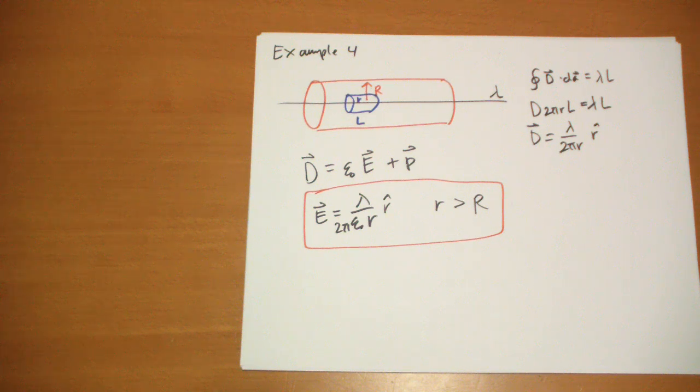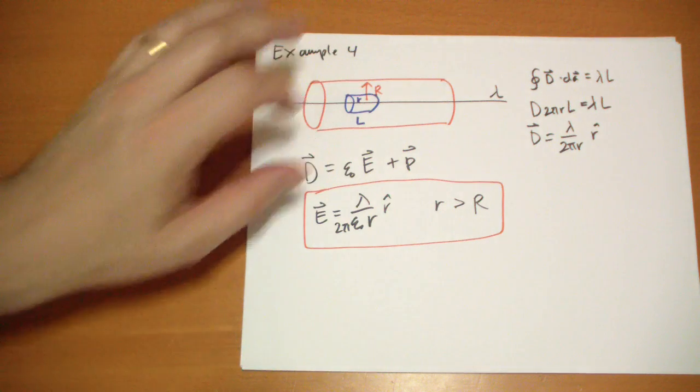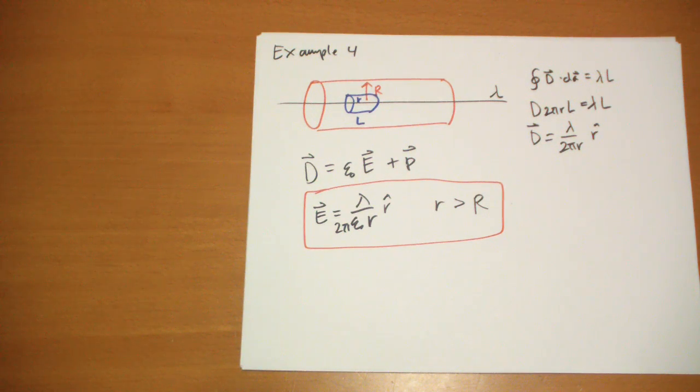Inside the rubber, we can't calculate the electric field unless we know the polarization, and we don't really have a way to calculate the polarization. We can't use this to calculate what the bound surface charge along this insulator would be.